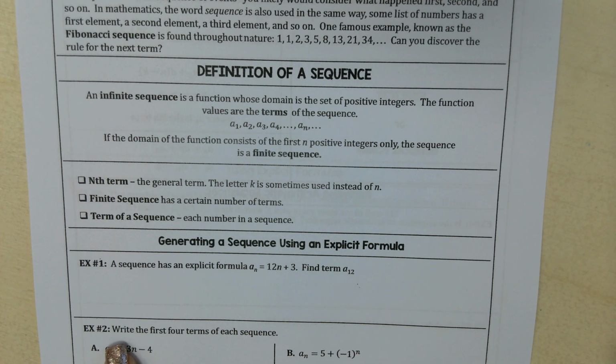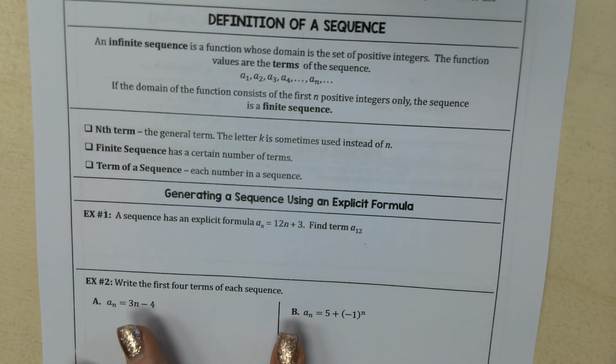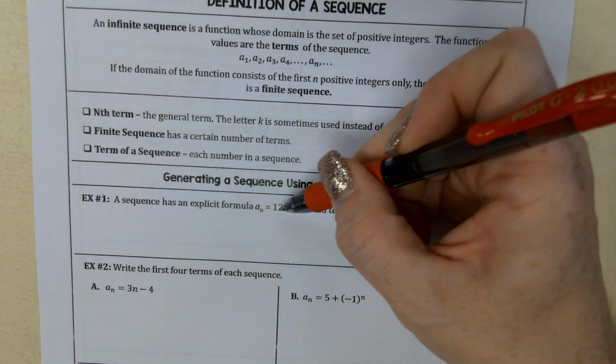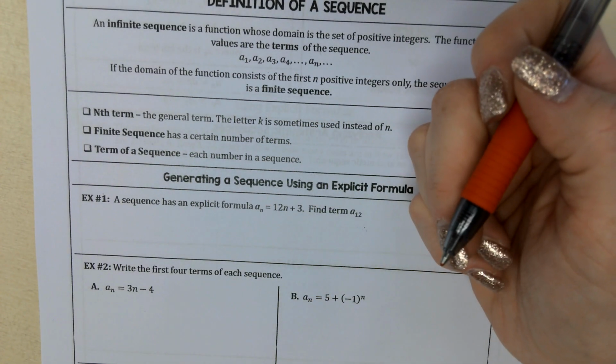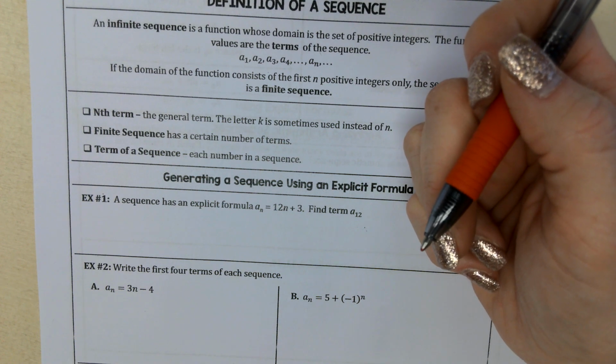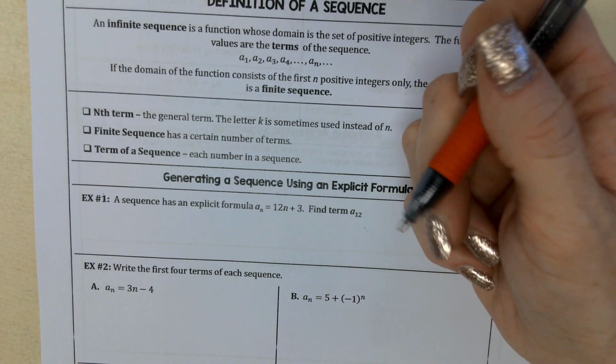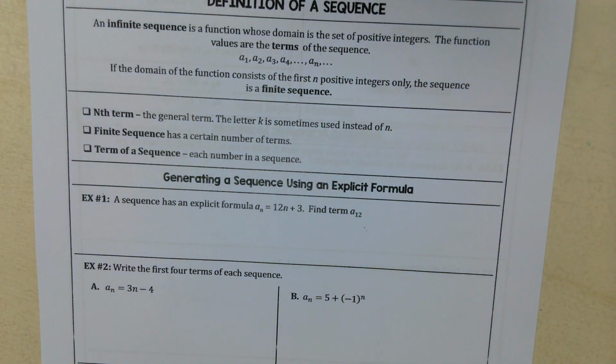So here we go. A sequence has an explicit formula of a sub n equals 12n plus 3. Now, the explicit formula is the direct, I'm going to plug in the number of the term that I'm trying to find, and I'm going to get my output.